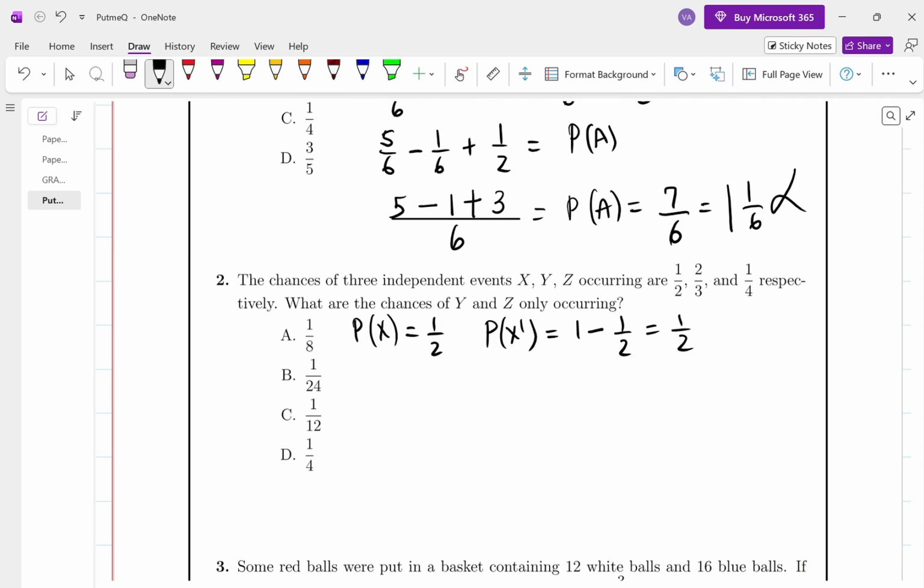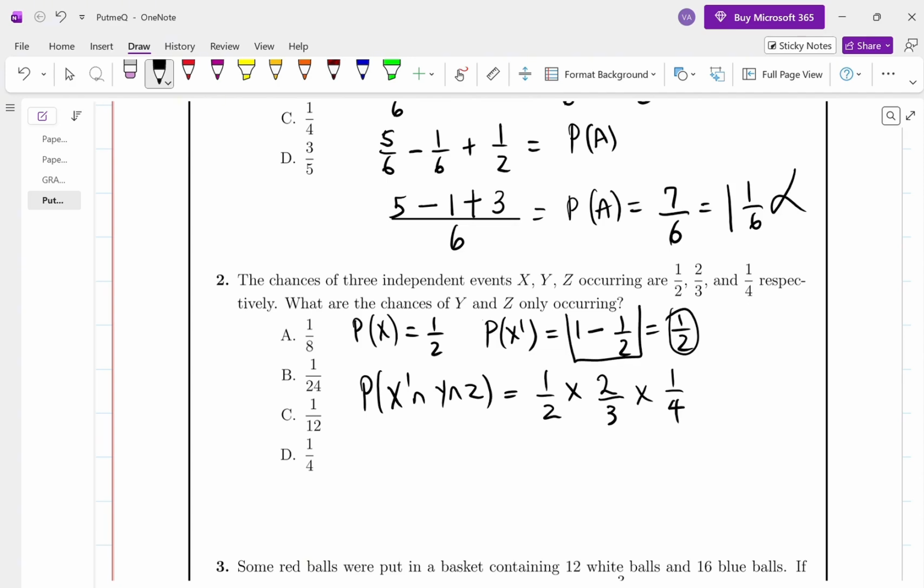So now the probability is X prime intersection Y intersection Z, or AND. I'm going to do 1/2, which is for X prime, times 2/3, which is for Y, times 1/4. Like I said, take notes, you must do this.